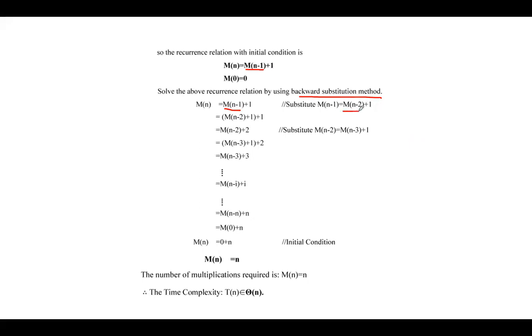Substitute this here, and you'll get M(n-2) plus 1 plus 1, which becomes M(n-2) plus 2. Again, for M(n-2) you can substitute M(n-3) plus 1. If you substitute here, you'll get M(n-3) plus 1 plus 2, which becomes M(n-3) plus 3.